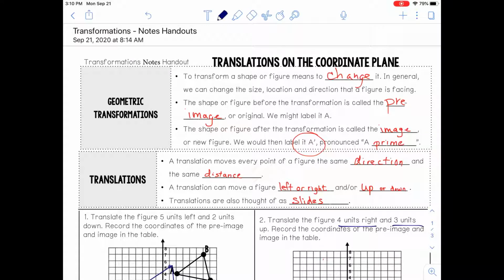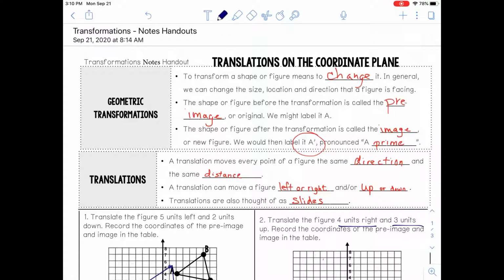So we started the lesson on translations on the coordinate plane today, but we didn't really get it finished, so I'm making this recording. I'm going to go over the things that we did in class so we have a complete recording. We started out with some vocabulary and some ideas of how this is going to work.